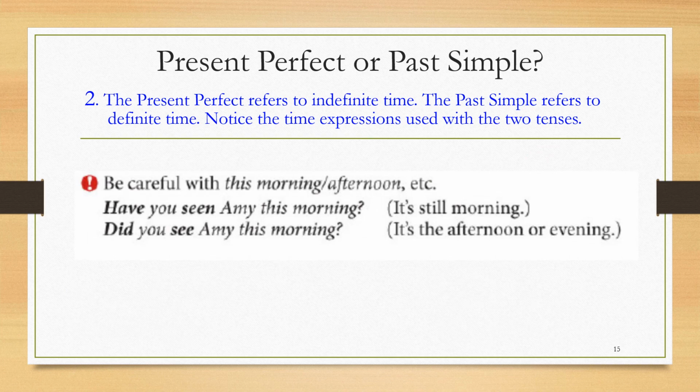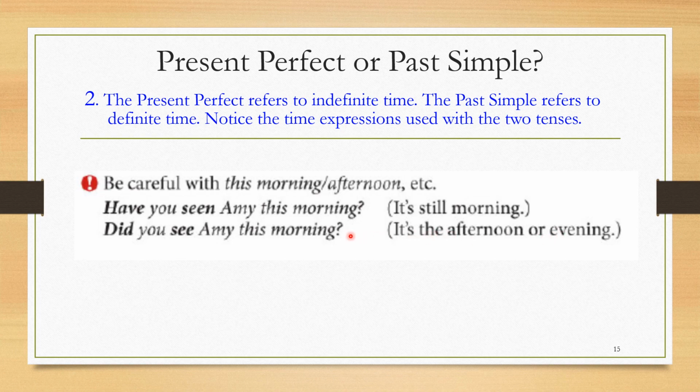Okay, be careful with "this morning," "this afternoon," etc. Have you seen Amy this morning? It's still in the morning. Did you see Amy this morning? It's in the afternoon or evening.